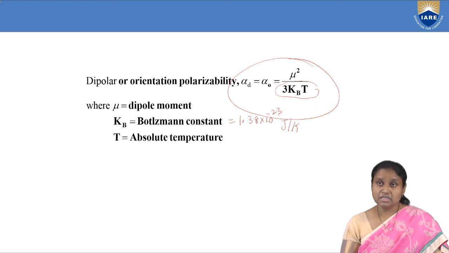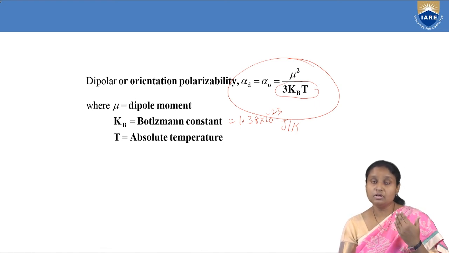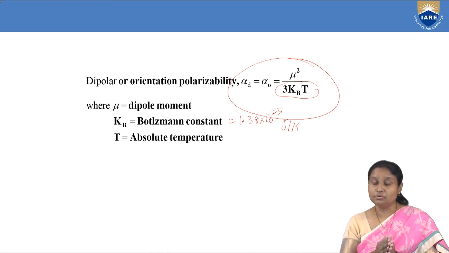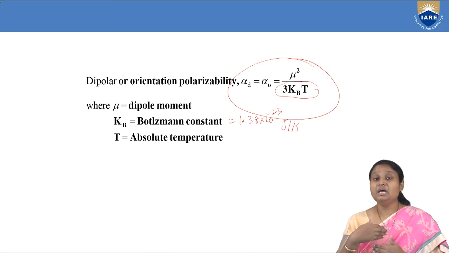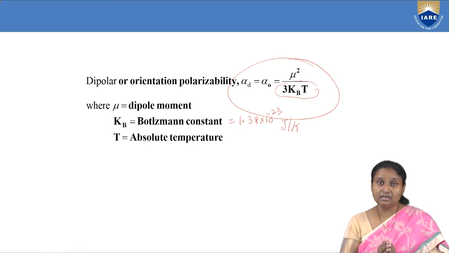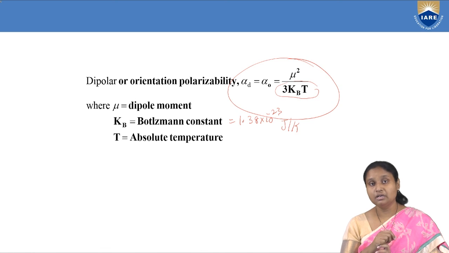So of the 3 polarizations which we have taken, electronic polarization takes place at the atomic level, where we have separation of the nucleus and electron cloud. Then we have ionic polarization. Ionic polarization takes place in ionic dielectrics, where there is separation of ions. And when we talk about orientation polarization, it is because of orientation of all dipoles, where each molecule is already in the state of a dipole, which occurs in polar dielectrics.